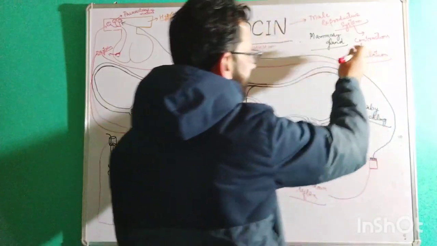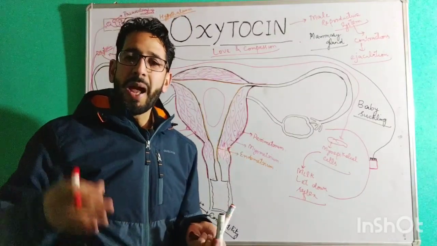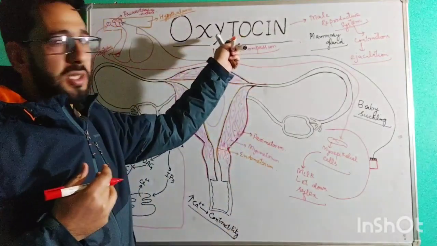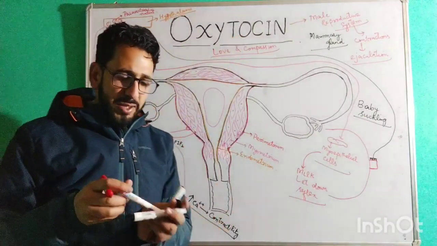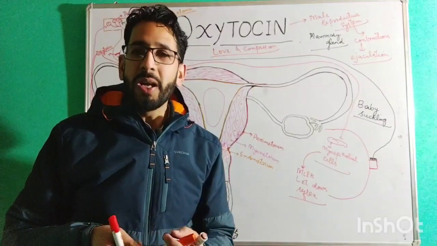That ejaculation is done by the contractions in the male reproductive system, and those contractions are also triggered by this oxytocin. Fine. So that is all about the actions of oxytocin in our body.